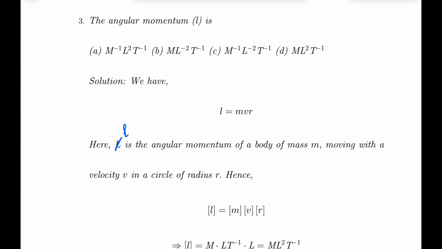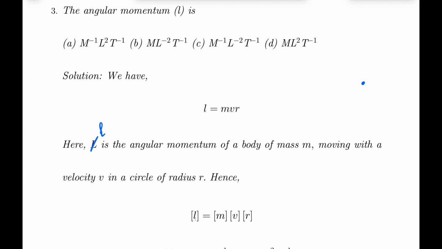Here we are required to find the dimensional formula for angular momentum. The options given are A, B, C, and D. Angular momentum is defined as moment of momentum. So suppose we have a body of mass m moving with a velocity v, then its momentum is p equal to m times v.